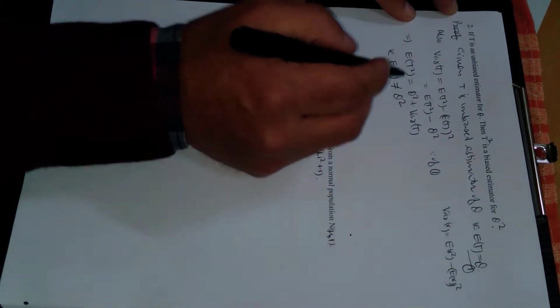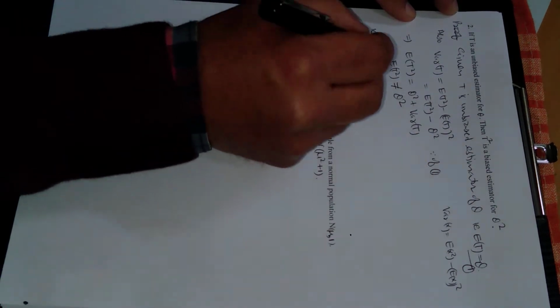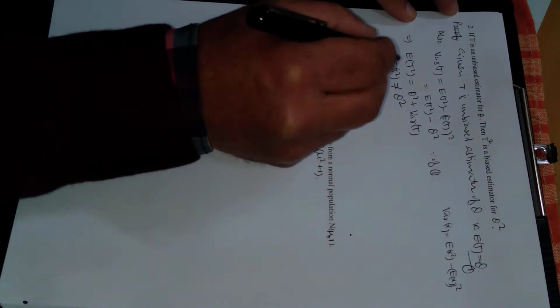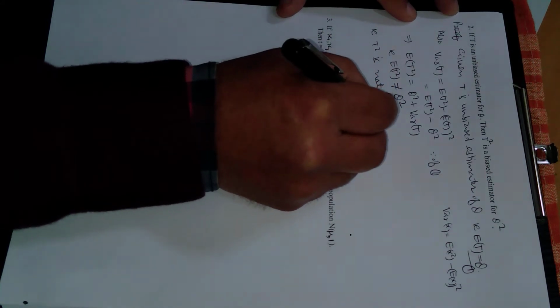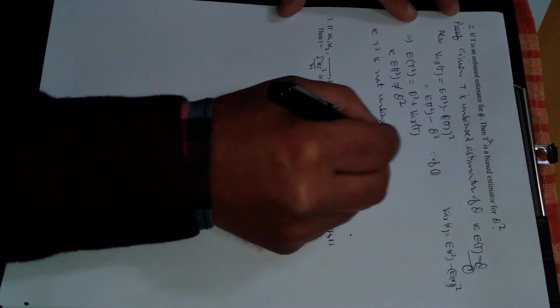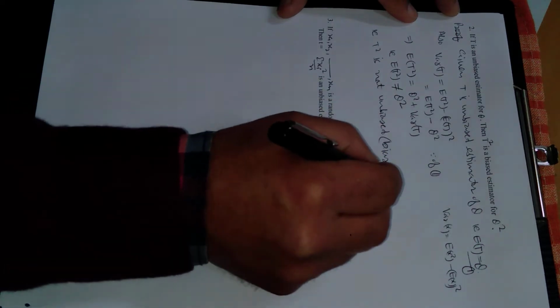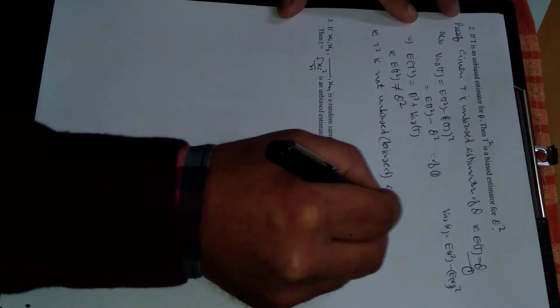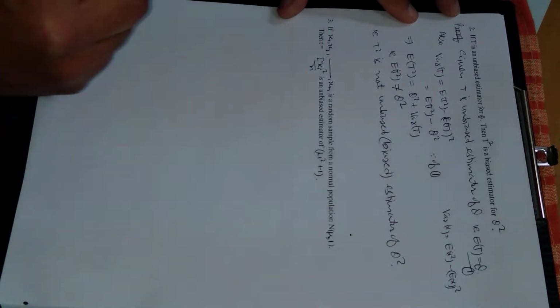So T square is not unbiased, that is, it is a biased estimator of theta square.